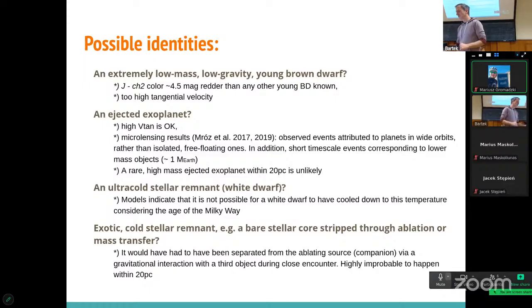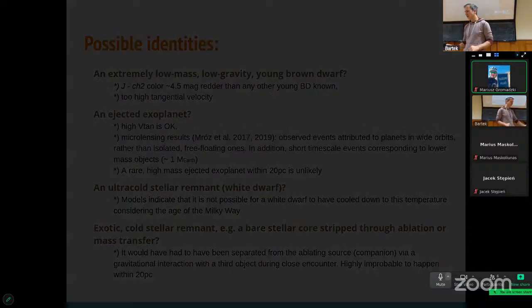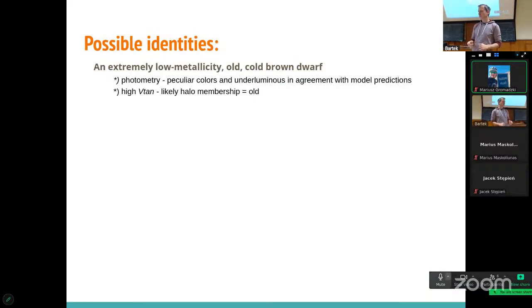Or in the case of a white dwarf, it would simply not be possible to cool down to these temperatures, given the age of the Milky Way. And then the one remaining possibility was that it is a very old and extremely metal-poor brown dwarf.